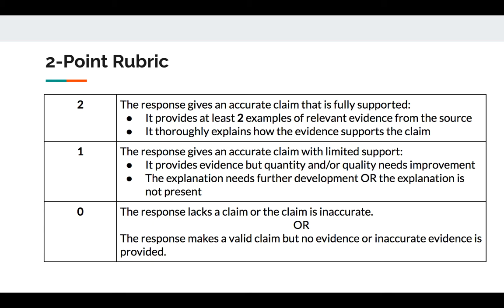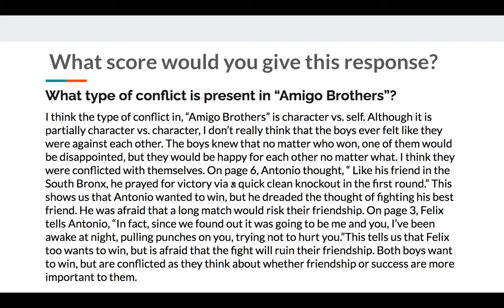So what score would you give this response out of 2? For me, this one would be a 1 out of 2 because it provides some evidence, but the quantity is lacking, right? It's only 1 example. Plus, there's not much explanation in this response.